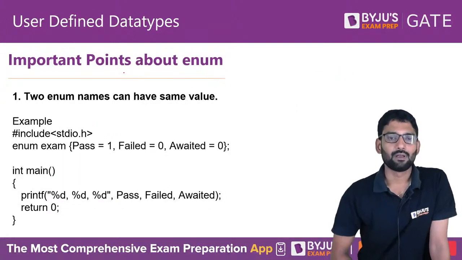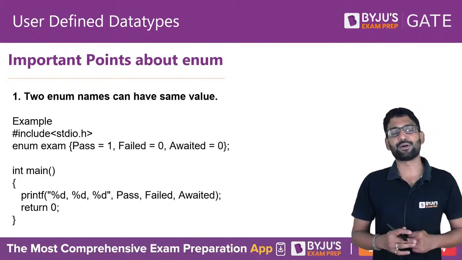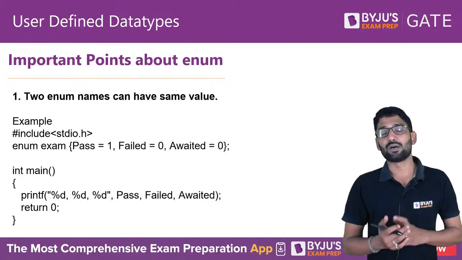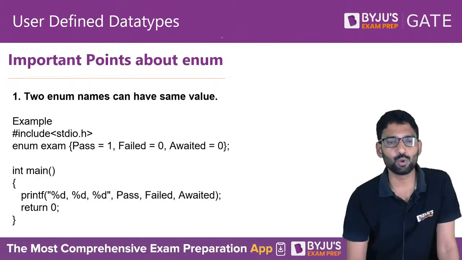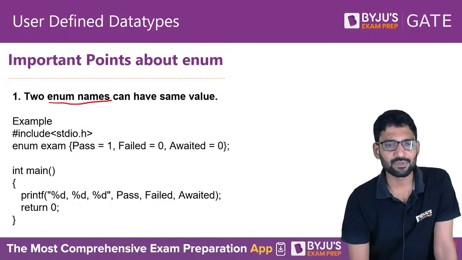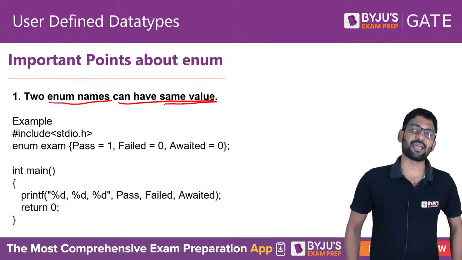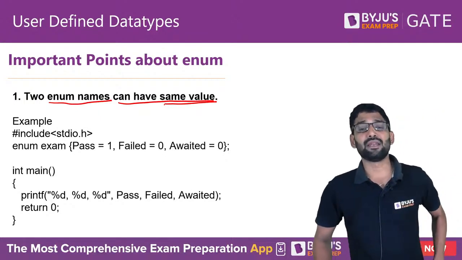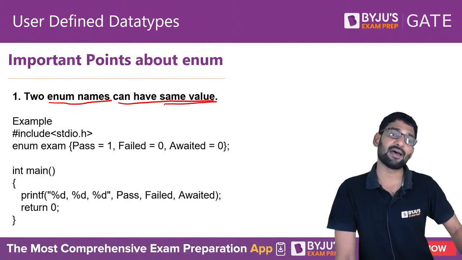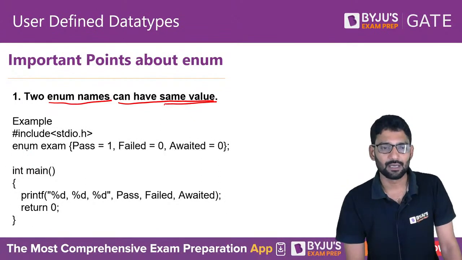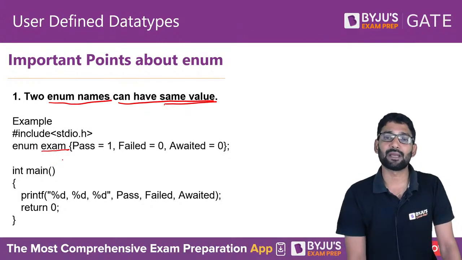Okay. Now, whenever we are learning enum, guys, there are 4 important points you have to understand. What are those 4 important points? Two enum names can have the same value. The value can be same, but names should not be same. Name cannot be same, but value can be same. As you see, here we have declared one user defined data type, exam.